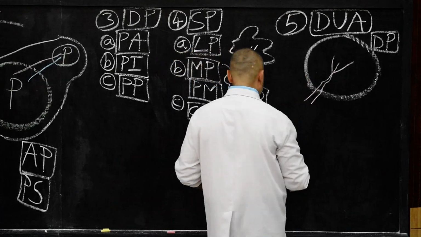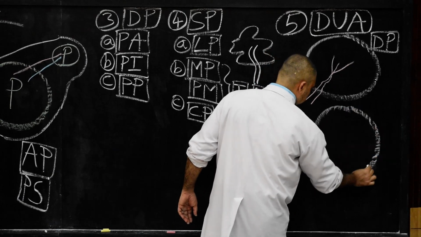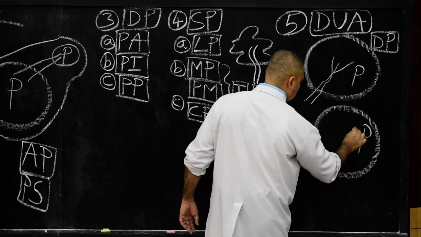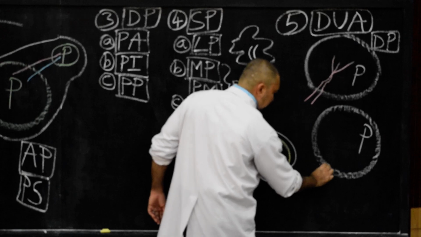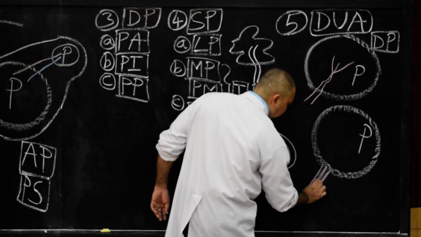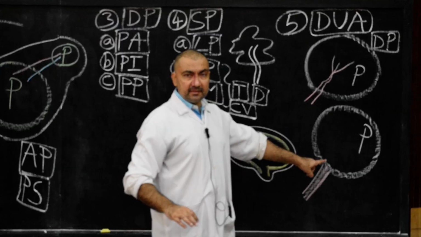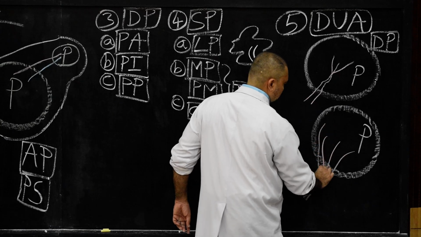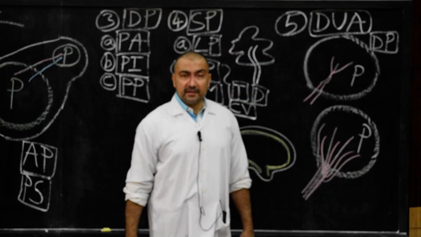Second, now in this, the second variety, supposing here I show this placenta, now the umbilical artery, as it is approaching the placenta, will not reduce in size. Instead, as it approaches the placenta, it will divide into so many smaller arteries.